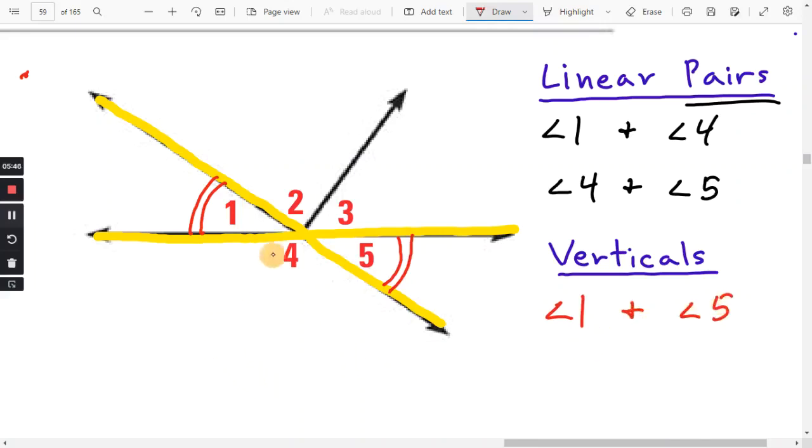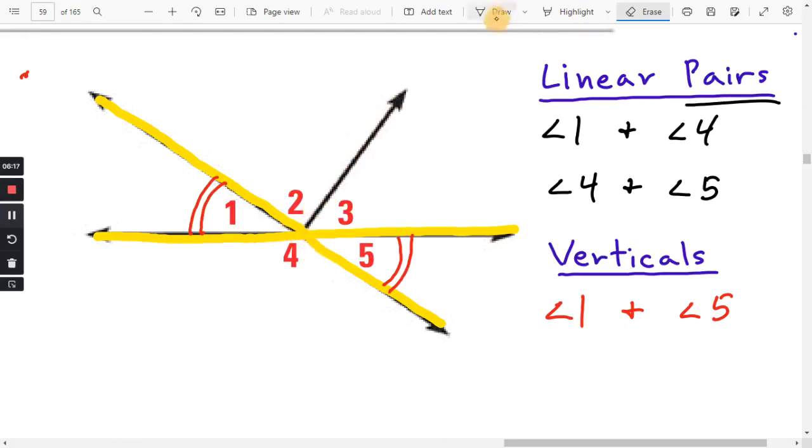Now on the other side, we have angle 4, but across from angle 4 we have 2 and 3. So we can't say 4 and then 2 and 3. That's no good. It has to be a pair of angles that are across from each other. So that's no good either. You can't use 3 angles. So I think that's basically it for the verticals. We can't use this here because this is just a ray, not a line.